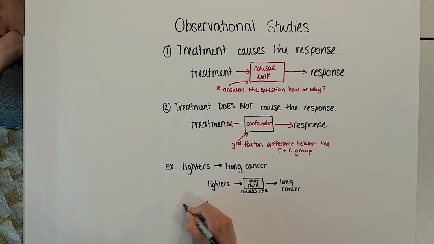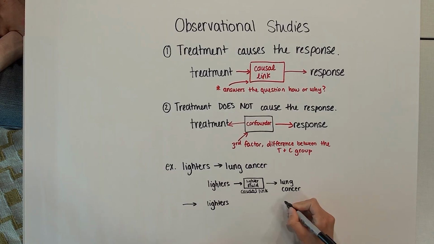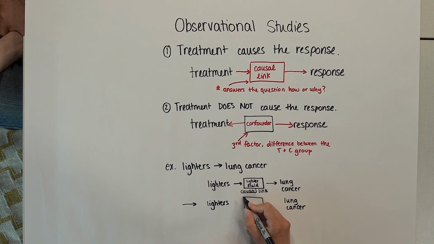So really, the lighters were associated with lung cancer, but there was something else mixing up our results. There was a third factor that was actually causing the lung cancer and was related to carrying lighters. Oh, was that just smoking? Yeah, exactly.